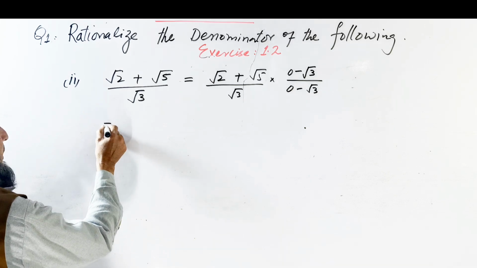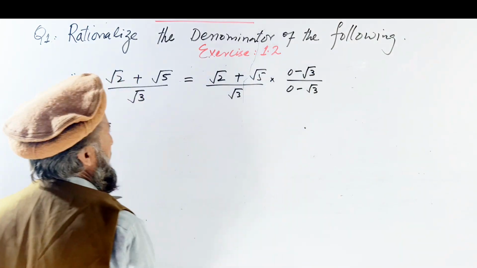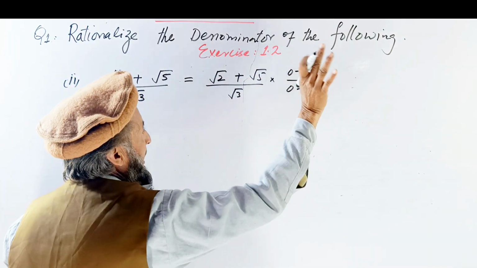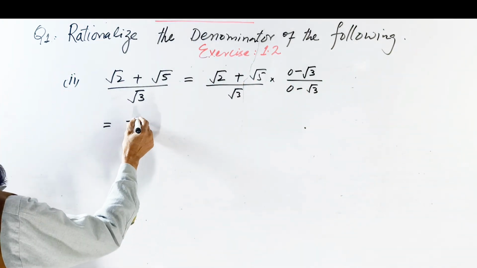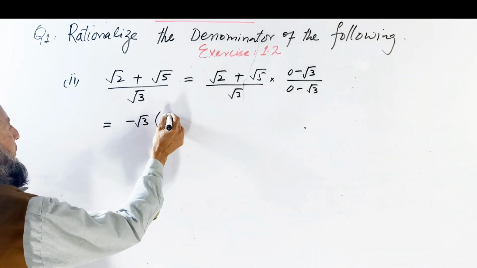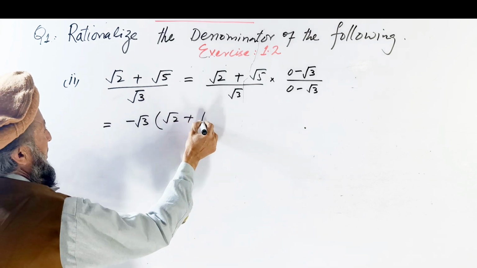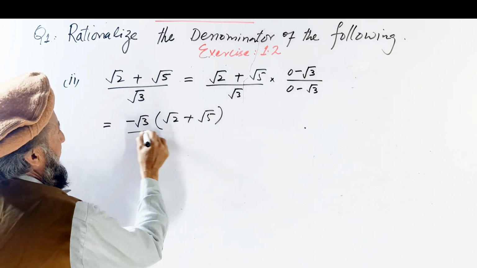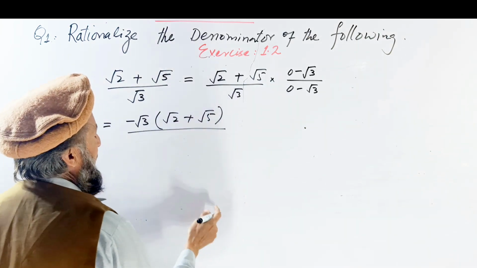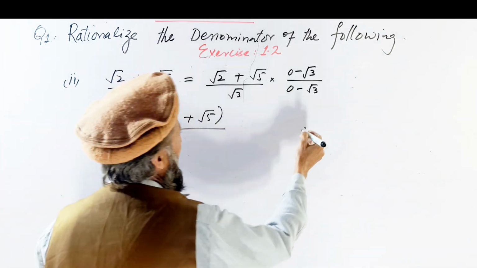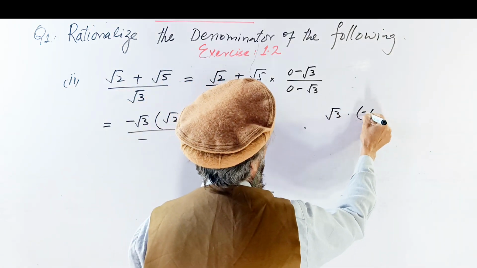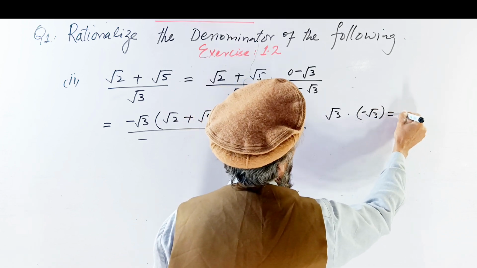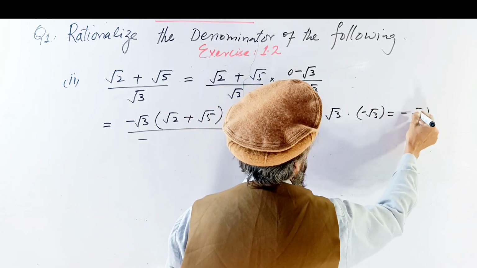Now we multiply the denominator term, 0 multiplied by something is 0. Now minus square root of 3 into square root of 2 plus square root of 5, divided by, and here we use the rule: if two terms are the same, we can write minus square root of 3 squared.